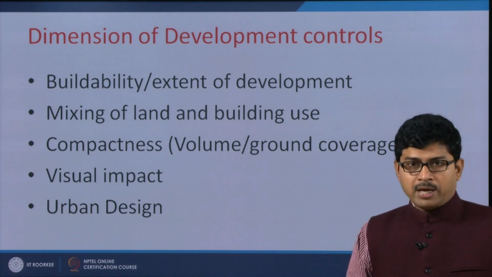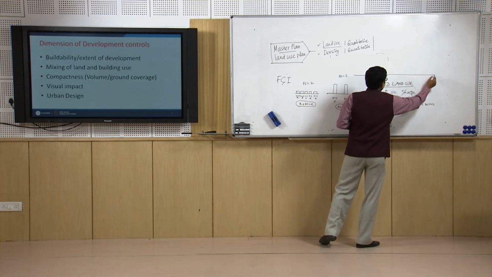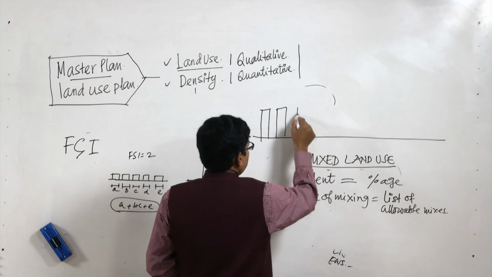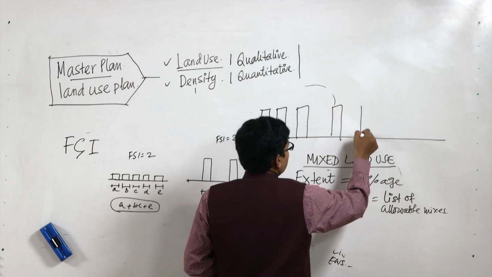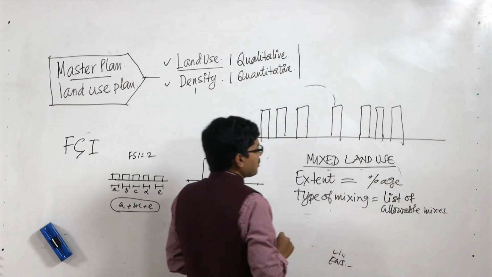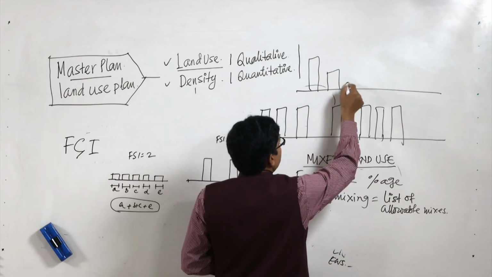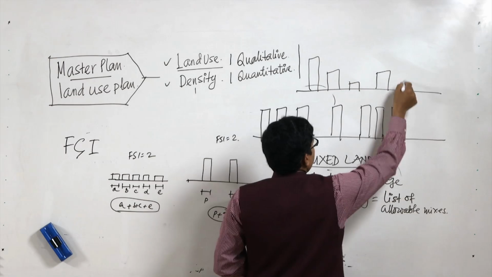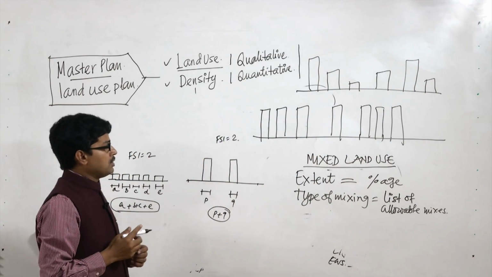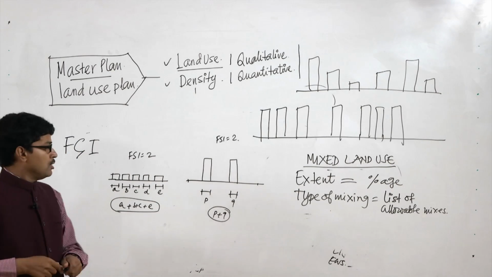Then the visual impact in a bigger scale: in a bigger project, if this is a total site, what is the visual impact? This could be one set of buildings with continuous multi-storied and tall buildings, or there could be a combination of tall, mid size, low rise, mid rise or high rise buildings. So what is our desired elevation?